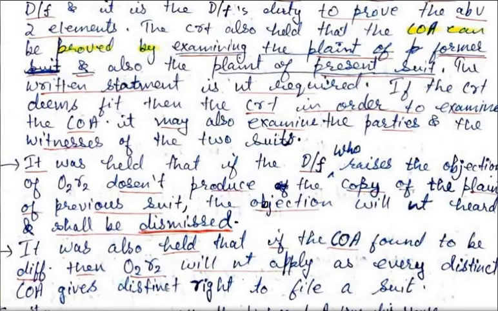Fine. तो cause of action अगर different है तो फिर Order 2 Rule 2 नहीं लगेगा, क्योंकि हर distinct cause of action पर distinct suit file करने का आपके पास right है.